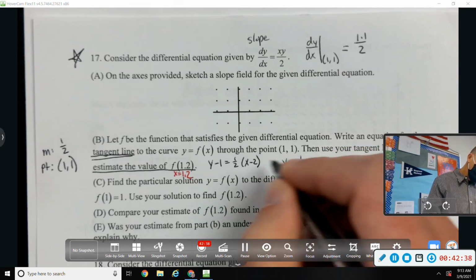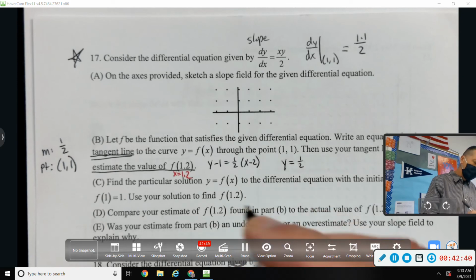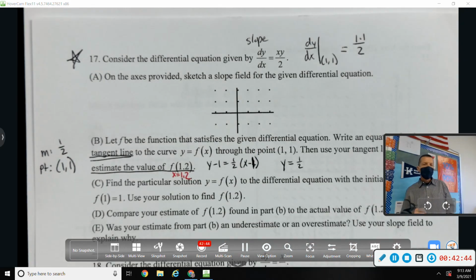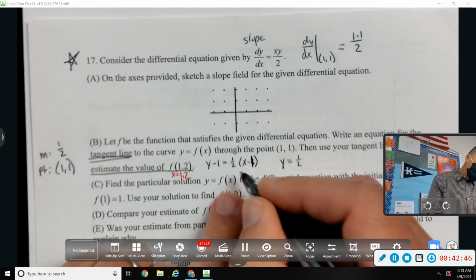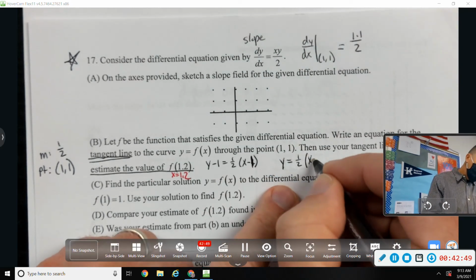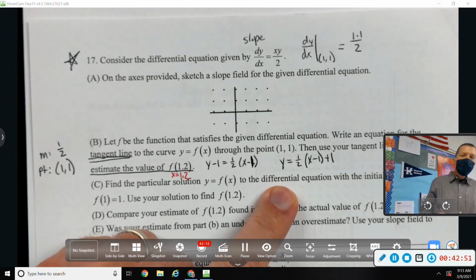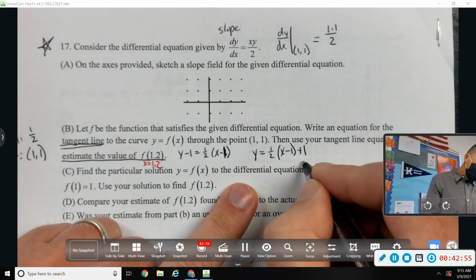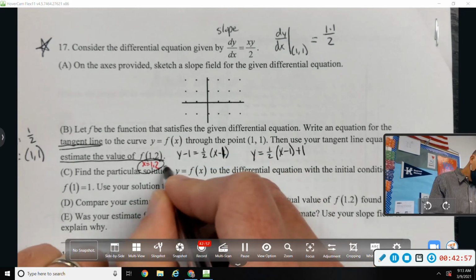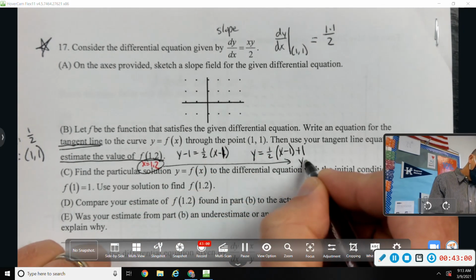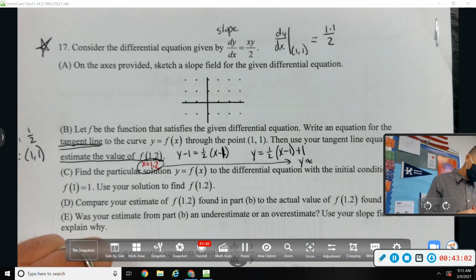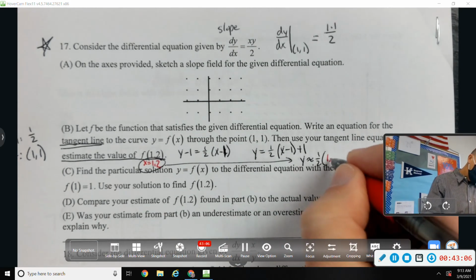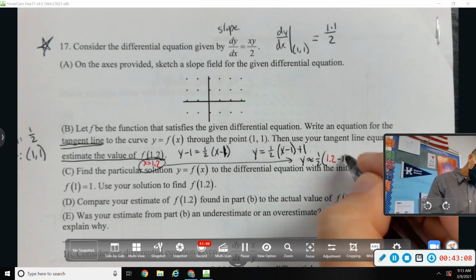Oh, wait a minute. I wrote that down wrong, didn't I? That should be x minus 1. If I solve this for y, I get 1/2 x minus 1 plus 1. So if x equals 1.2, then y approximately equals half of 1.2 minus 1 plus 1.